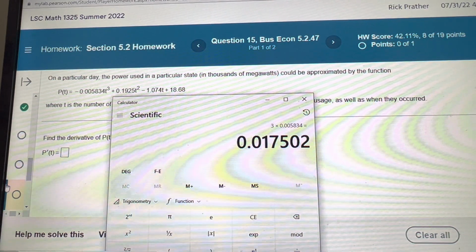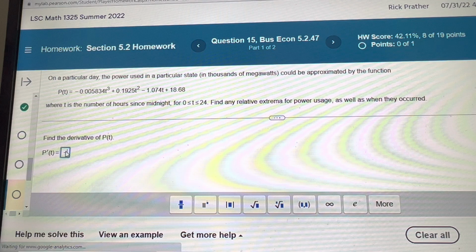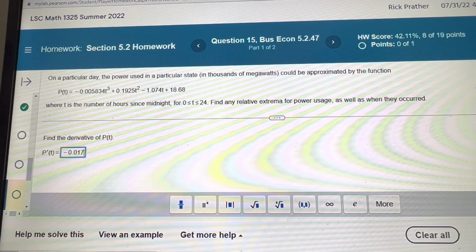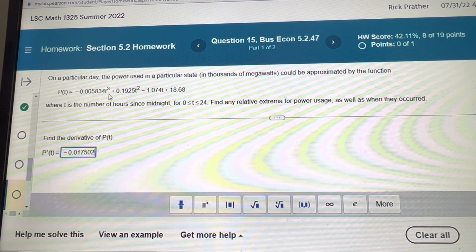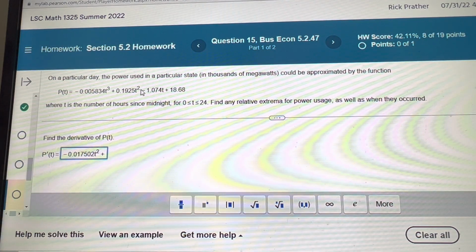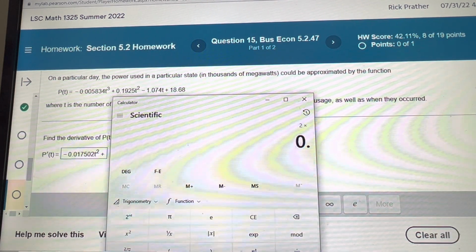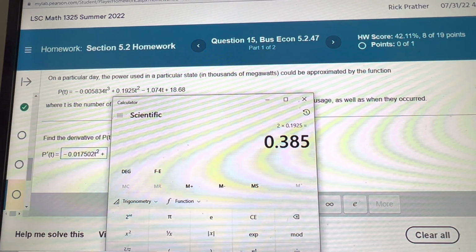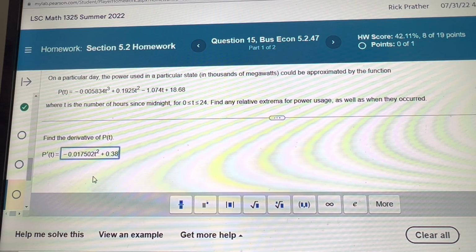So we need a negative 0.017502, and then the t to the third will drop to t squared, plus 2 times this decimal, 2 times 1925 is 385, t to the first power, and then minus this decimal, because that's linear, so the derivative is just a constant in front of it. And then the derivative of this is nothing.